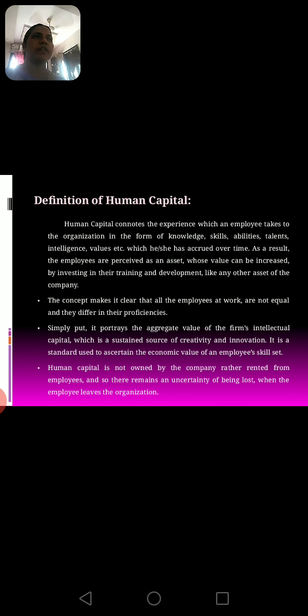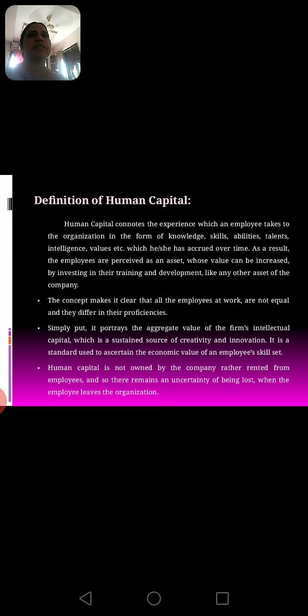As a result, the employees are perceived as an asset whose value can be increased by investing in their training and development like any other asset of the company. This is called human capital.